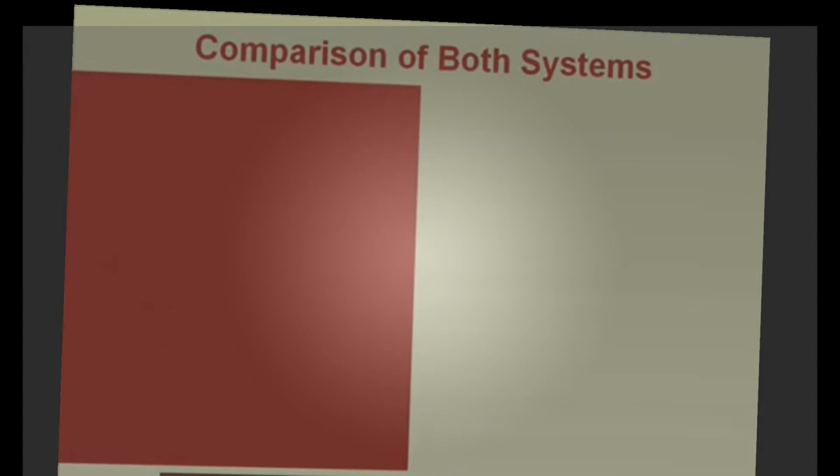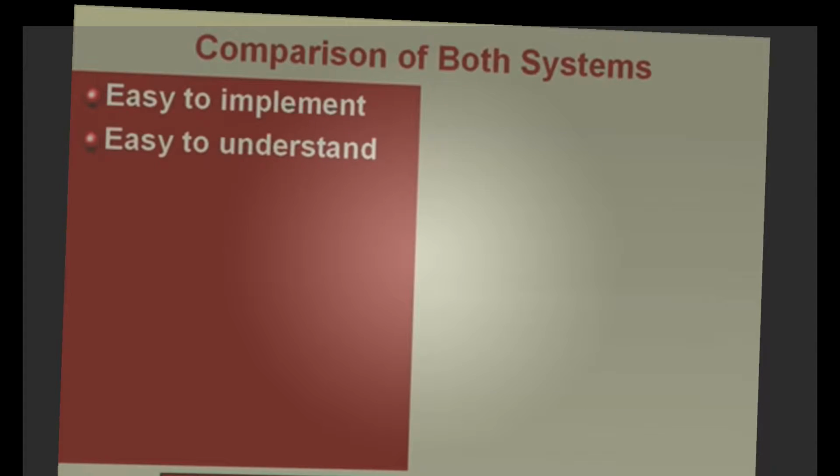Compare both systems. Let's take the traditional system. The traditional system is easy to use, it's easy to implement, it's easy to understand, and most important, it's inexpensive.